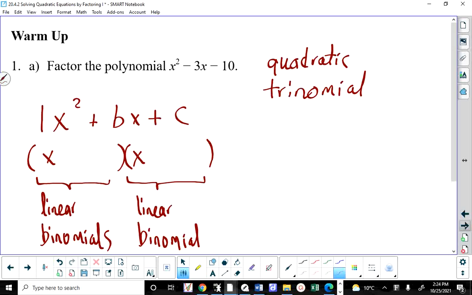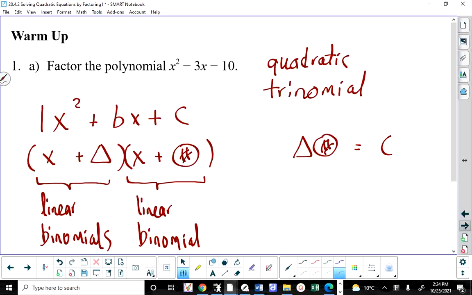So when you factor a trinomial that looks like this, I'm going to use a little bit of symbolic language here. It will factor into x with a number and x with a number. And those two numbers have to multiply, bless you, to get c.